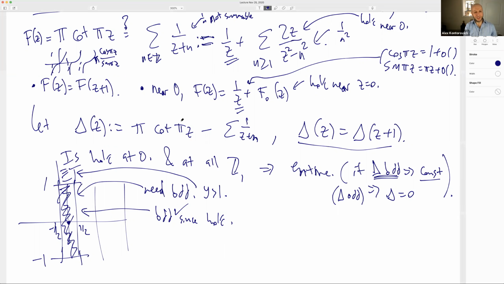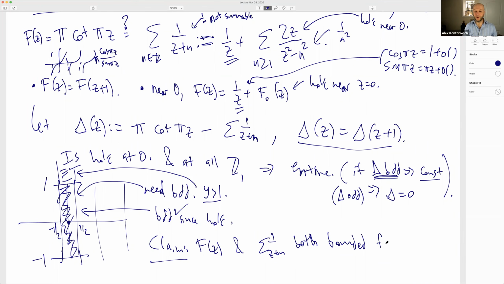Okay, in fact, each of these pieces separately is bounded, I claim. So my claim is that both f of z and this sum are both bounded. This doesn't have to do with their difference. They're just individually bounded.